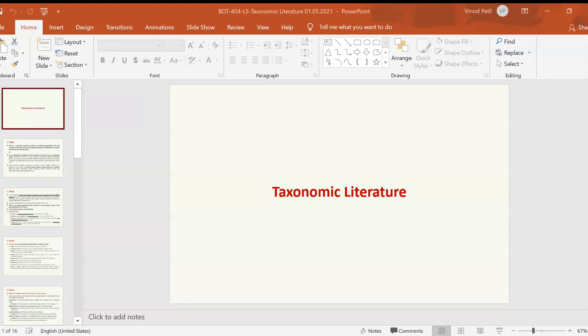The tools which can be used as the secondary sources or resources for the study of taxonomy. In another way, this can also be called taxonomic literature too, because a new taxonomist, a person who is new in this field, can consult some of the literature, some of the tools, some of the aids which are available as a secondary source.